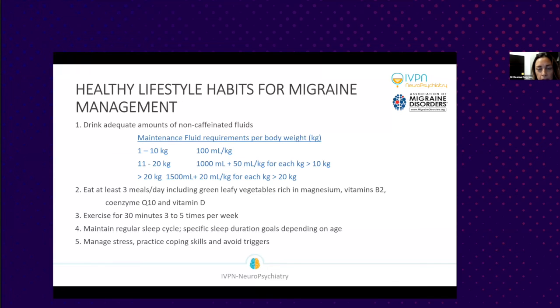Also, routine exercise doesn't necessarily have to be strenuous, but exercise. Walking is great. If that's a baby step, then that's one thing at a time that we can do to encourage them to exercise, maintaining a regular sleep cycle, and then managing stress. Next slide.